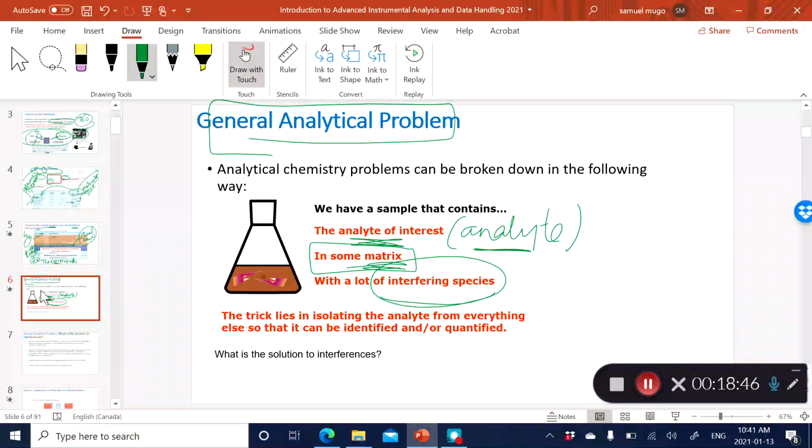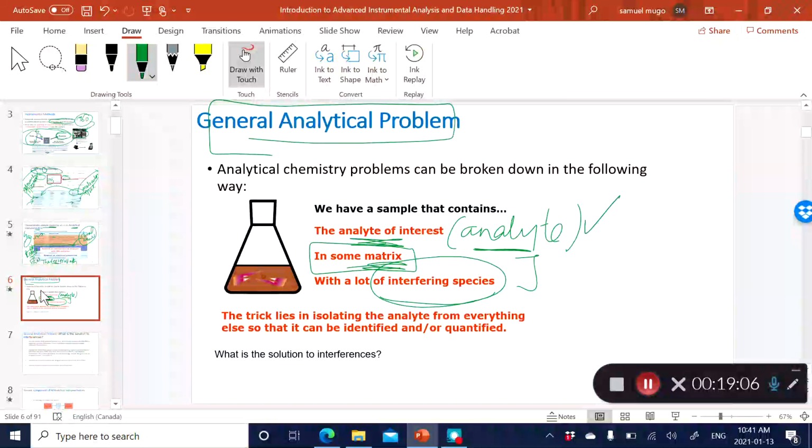There are proteins, there are red blood cells, there are salts, there are electrolytes, and so forth. And so all those other species can be referred to as matrices, and they are actually the problem in analytical chemistry. So that's often what you're trying to solve in analytical chemistry.